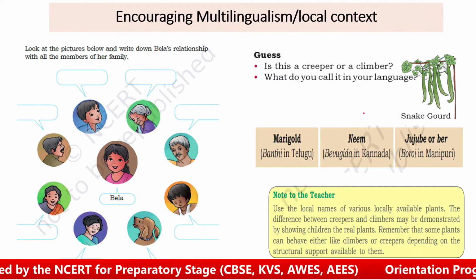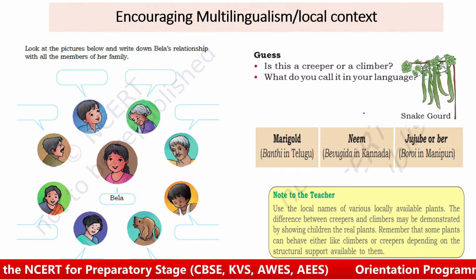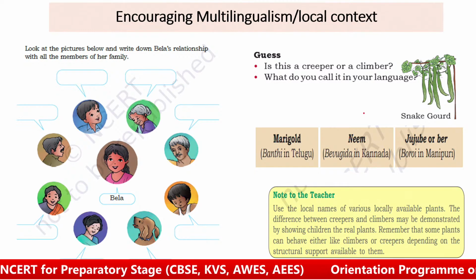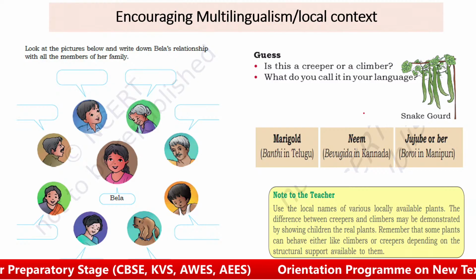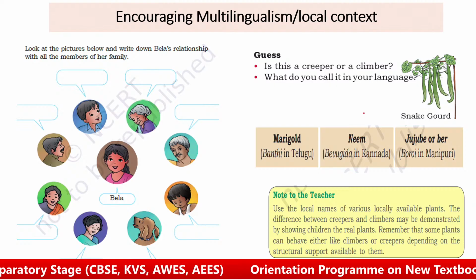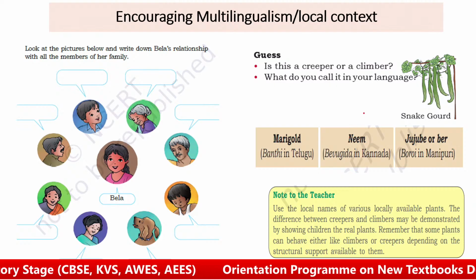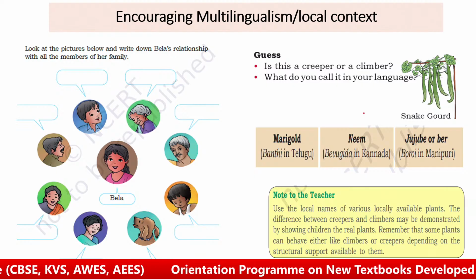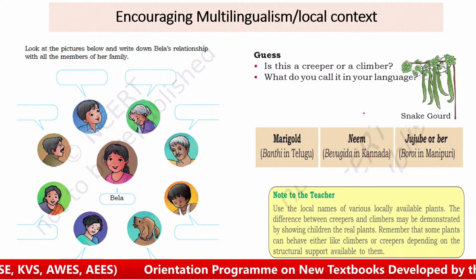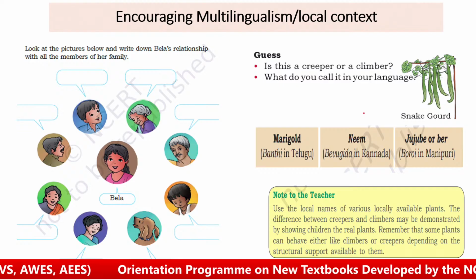So in a multilingual classroom, students are exposed to many such examples, and they will be coming out with their own names of creepers, like it's a marigold, Banti in Telugu. For neem we call Bevuguda in Kannada, in Zuzube or Bear or Borai in Manipur.